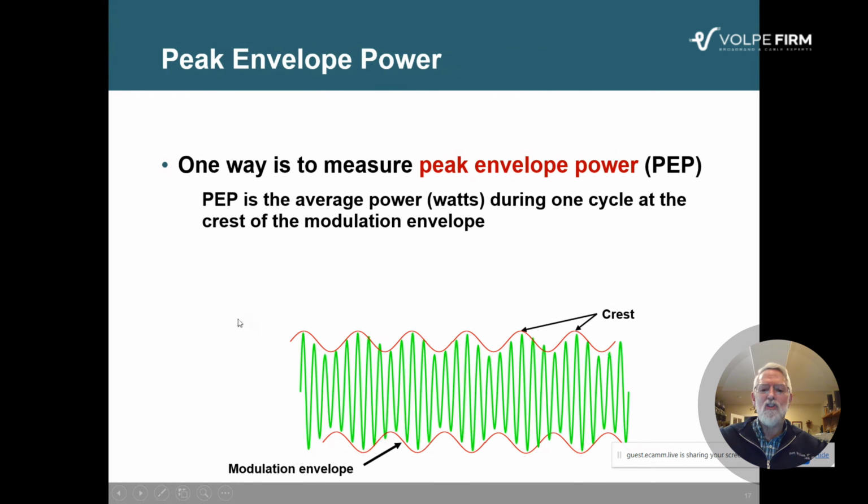That shows us the shape of the waveform. That's the envelope. The crest is the respective peaks, or the highest part of the waveform. So what we want to do is measure the average power during one cycle at the crest of the envelope.